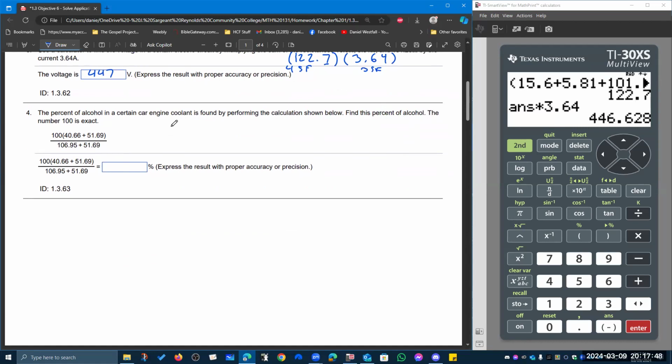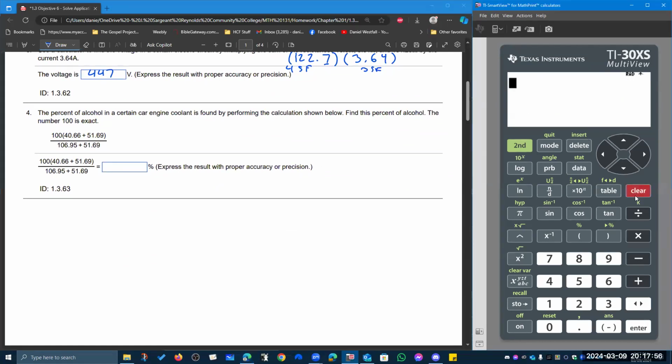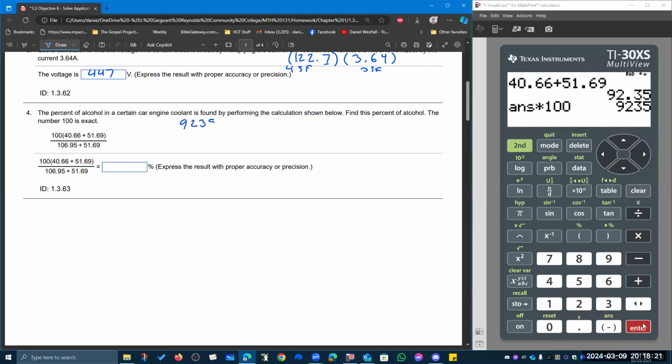The number 100 is exact, so we don't use that for rounding purposes. 40.66 plus 51.69 is 92.35, and then times 100 is 9235 in our numerator, and that's to there.